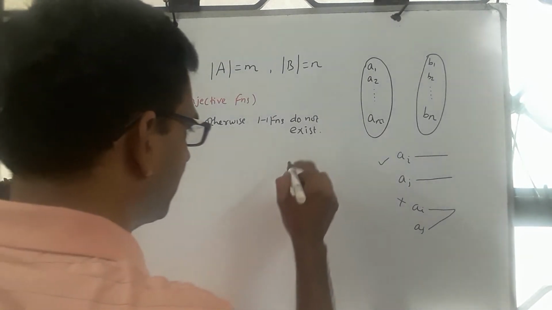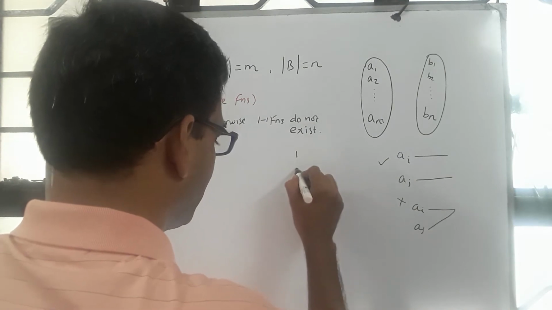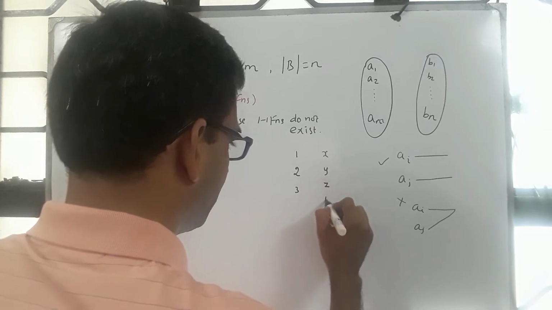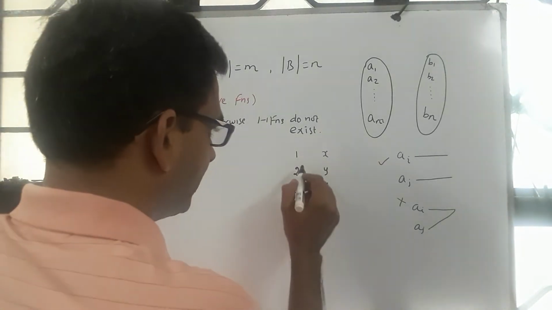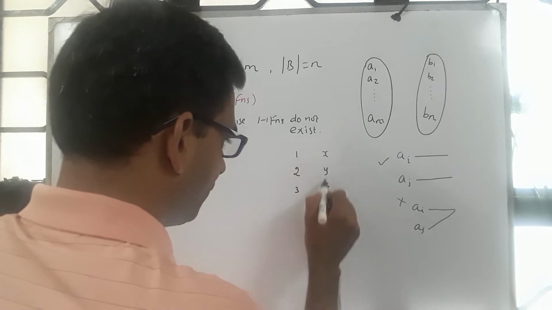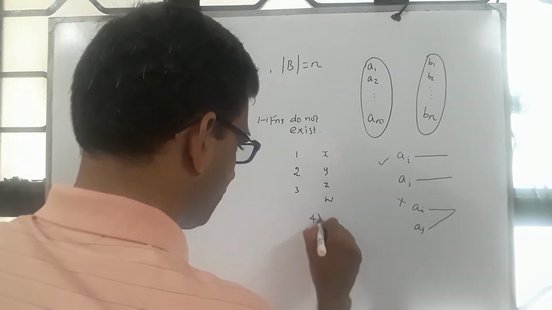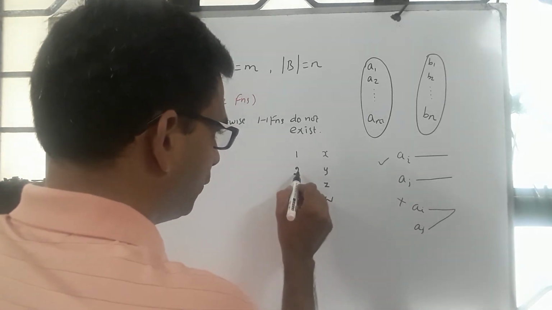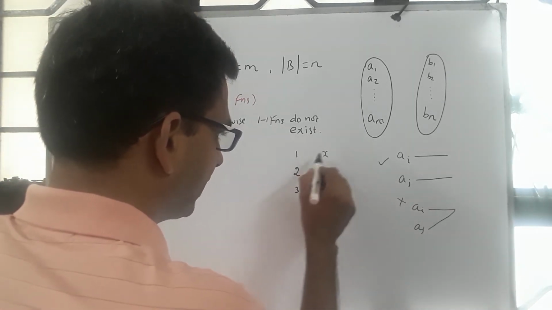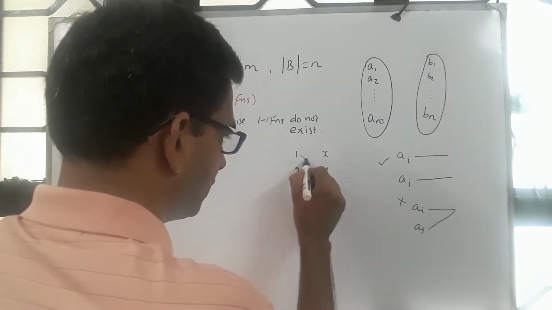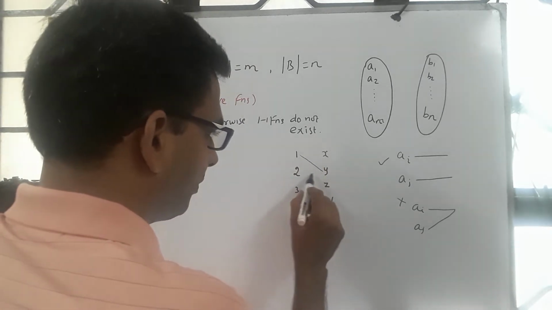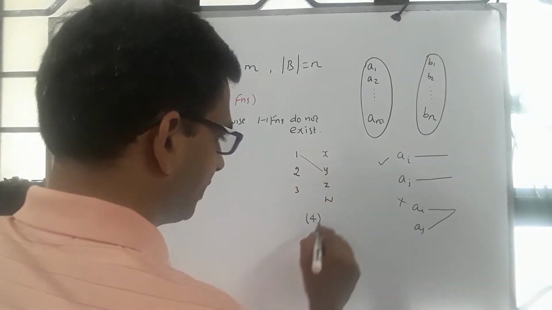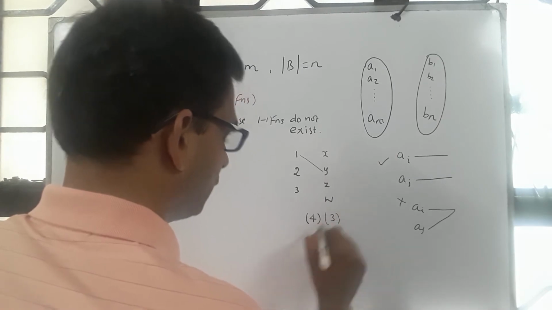See, please note, when you have something like say 1, 2, 3, on this side x, y, z, w, now you see that 1 can be mapped to any of this. So there are 4 possibilities. And you see that 2 can be mapped to, 1 is already mapped to something. Say let's assume 1 is mapped to y. So 2 cannot be mapped to y because 1-to-1 property is lost. So 2 can only pick other 3. So there are 3 possibilities for 2.